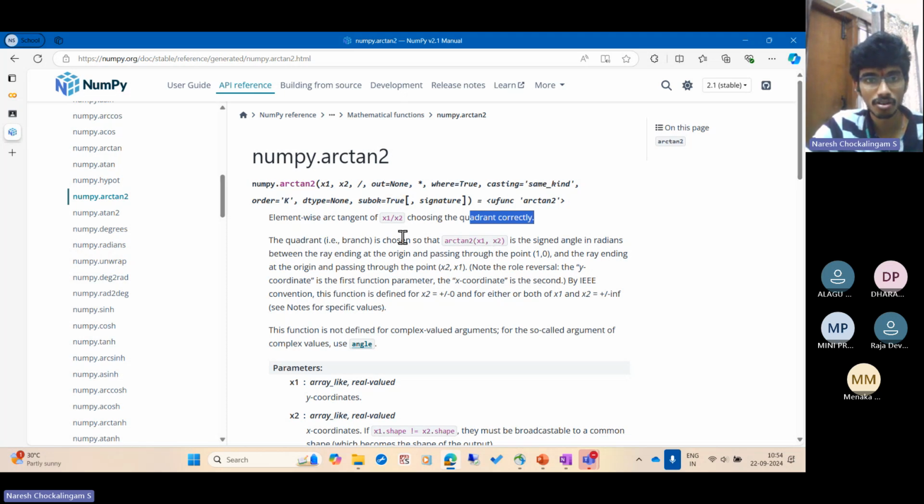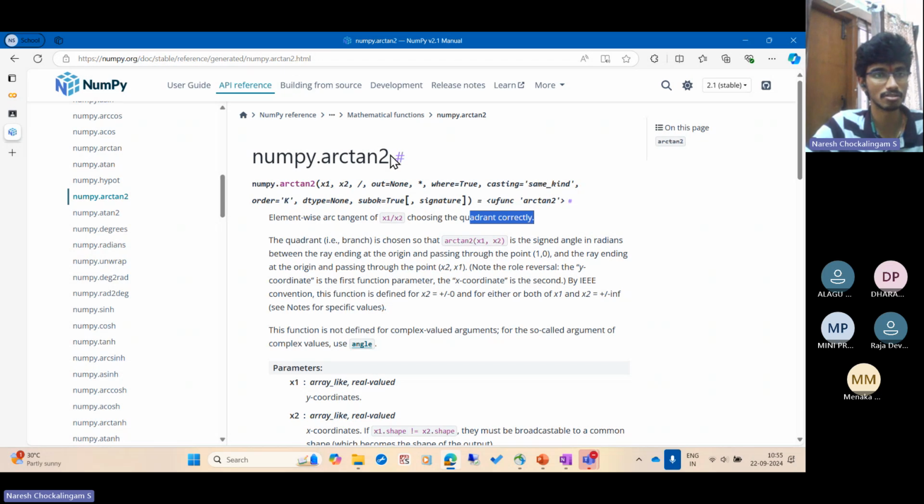Here our numerator is y2 minus y1, and the denominator is x2 minus x1. The other thing we can do is write our own function to check: if y2 minus y1 is greater than 0 and x2 minus x1 is greater than 0, then it is in the first quadrant. If y2 minus y1 is greater than 0 and x2 minus x1 is less than 0, it is in the second quadrant. But when the function is directly available, let us just use it.